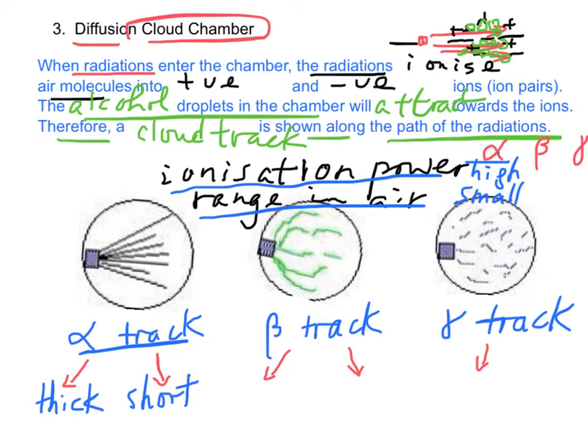However, for beta particles, the ionization power is low. Therefore, the beta track shown on the cloud chamber will be thin. Since the range in air for beta particles is long, the beta track shown on the cloud chamber is long.